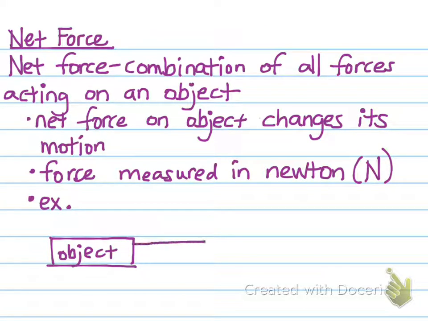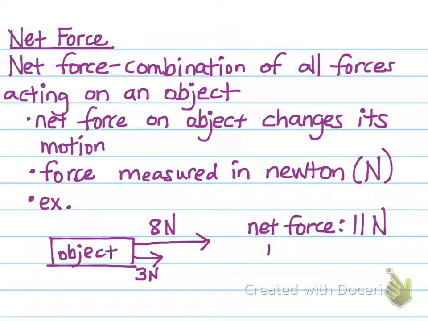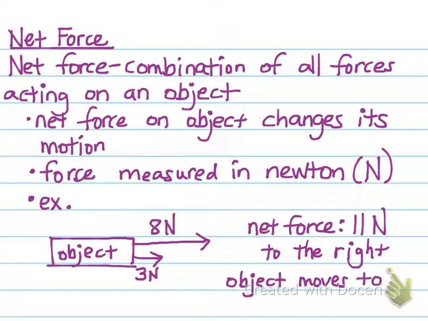If I have an 8 newton force acting to the right and a 3 newton force acting to the right, the net force on this object would be 11 newtons to the right, and that would mean that this object moves to the right.